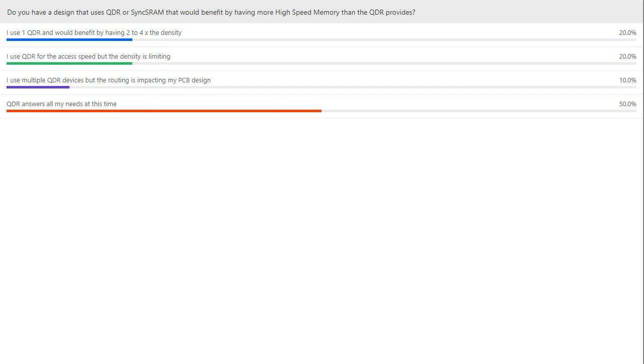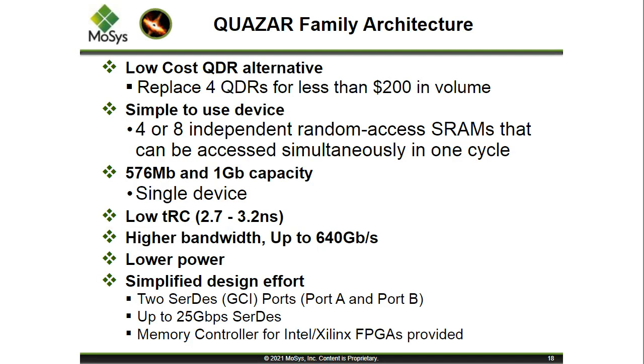I appreciate the feedback. Because we're running on time, I'm going to move on to a brief discussion about the QUAZAR family. The QUAZAR is our low-end, low-cost family, and it was designed specifically to address any of the QDR kind of operations that might be out there.